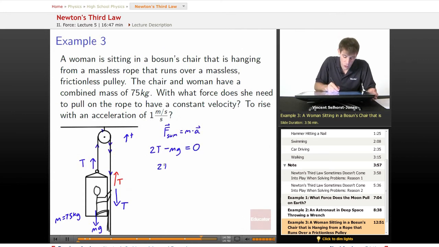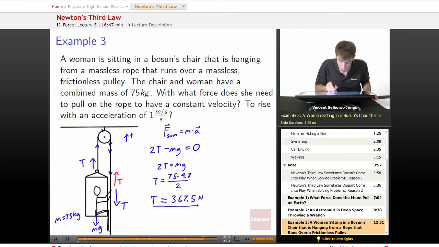So we've got 2T equals mg. Now we just start plugging things in. So we get T equals m, 75 times 9.8, divided by 2. We solve this out and we get the tension that she needs to put into the rope is equal to 367.5 newtons.